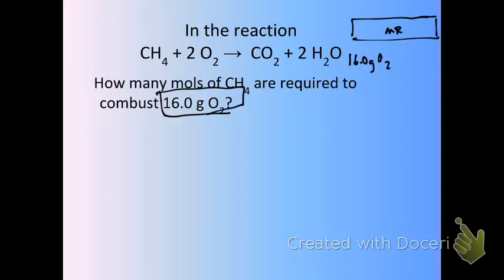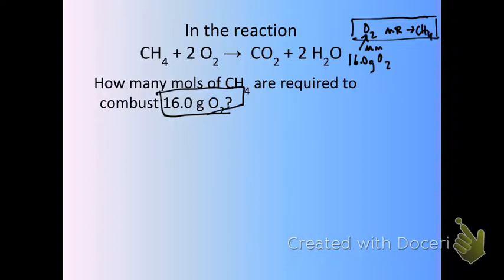It's out of the mole ratio box because 16.0 grams of O2 doesn't help us. We have to convert that to moles using molar mass, right? Then we'll have moles of O2, and then we can take that and convert that to moles of CH4. Right? So remember, you've got to convert to moles if you want to get into the box.